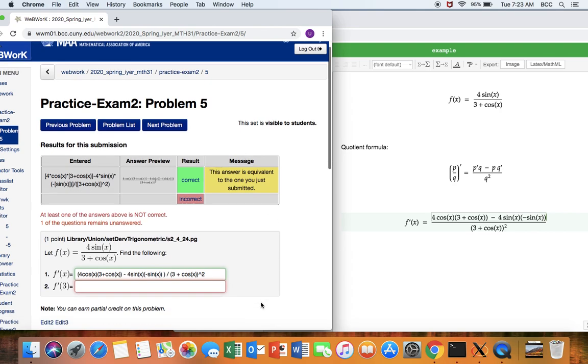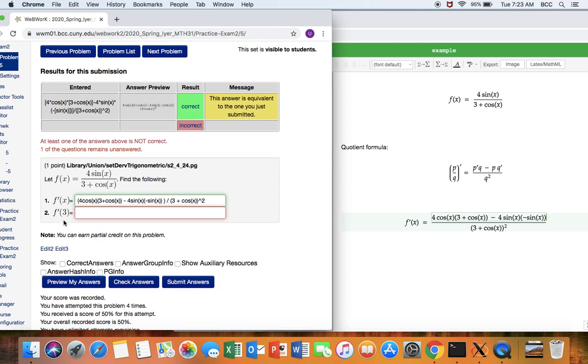All right. Now, how do I find the answer to the next question, f prime at 3? Wherever I have x, I replace it by 3. That's all. So, cut, paste. Wherever I see 3, I should actually be putting parentheses around 3.